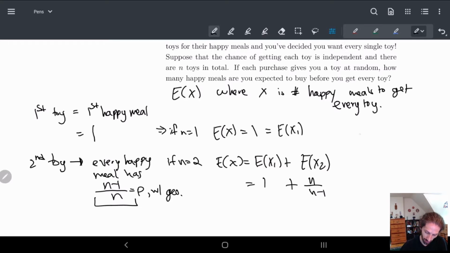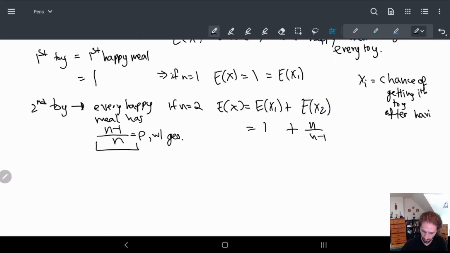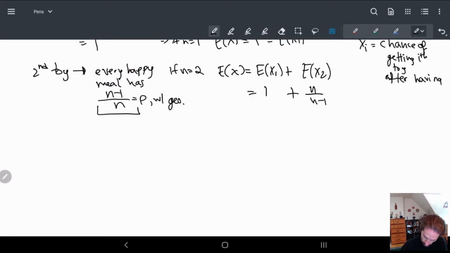So here Xi is the chance of getting the ith toy after having gotten the i minus first toy, right? So remember, we need to define our variable. So this is where this variable is coming from.